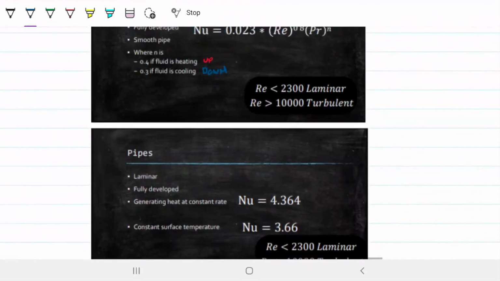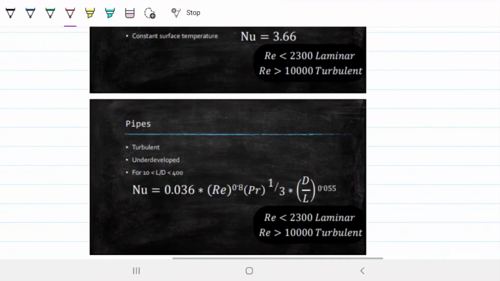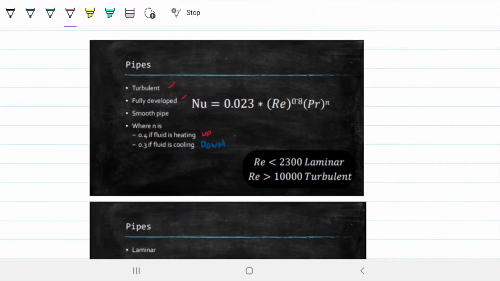Other options: if it's laminar and fully developed, then there are two options of constant Nusselt, which simplifies our life by a lot. And if it's turbulent and undeveloped, there's yet another correlation here for us to use. Okay, so our case is absolutely the first one. We want to apply this one here, and our fluid is receiving energy from the wall, right? So therefore, we know this is our case.